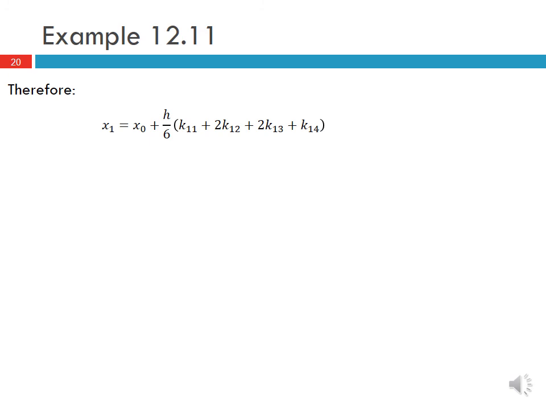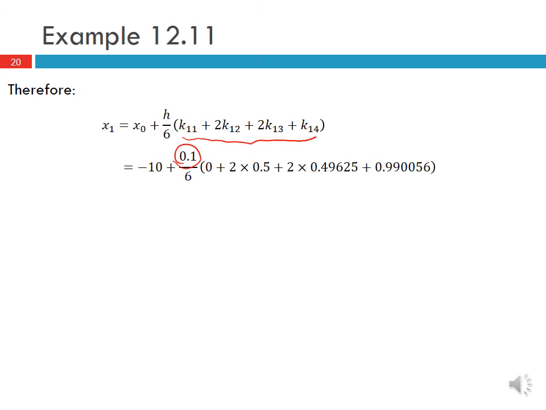Then we can calculate our estimates for x and y at our next time point. So x1 is equal to x0 plus h over 6 times k11 plus 2k12 plus 2k13 plus k14. Plugging in all of the values that we just calculated, and again h is equal to 0.1, we find that x1 is equal to minus 9.9503.